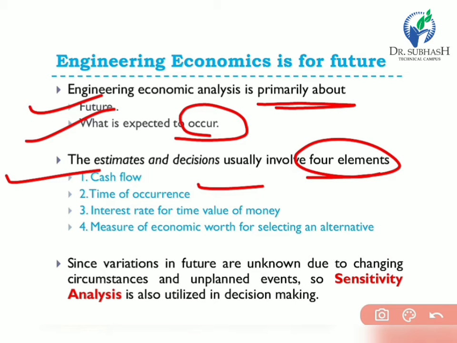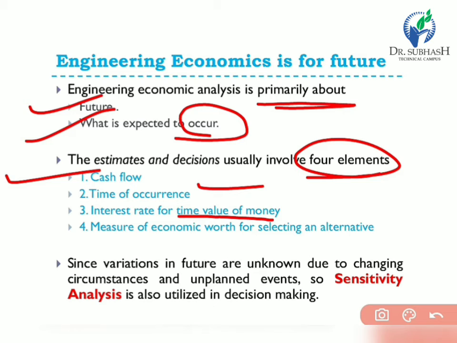It means that if we buy an industry, then we get benefits right after buying it. But if we construct a new factory building, then we get benefits after the construction of that building. Third one is interest rate for time value of money.